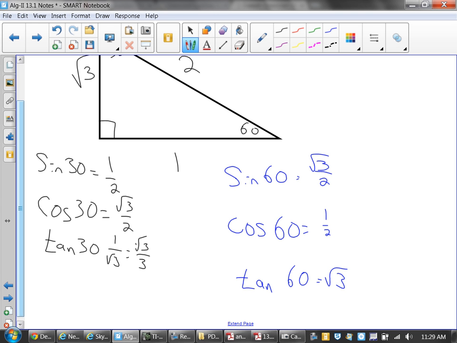Okay. Now, again, when we worry about the inverse of these, it's just nothing more than flipping the fraction each time around. Okay? Do I need to do that?